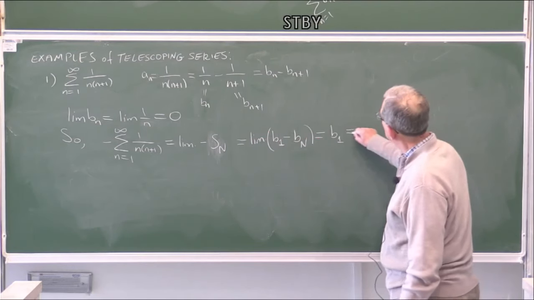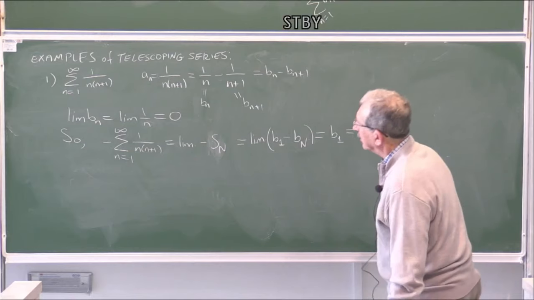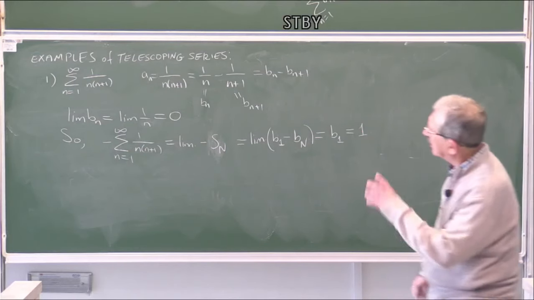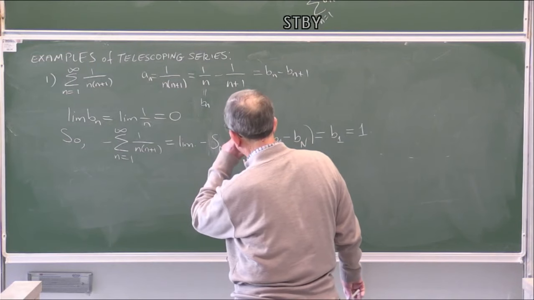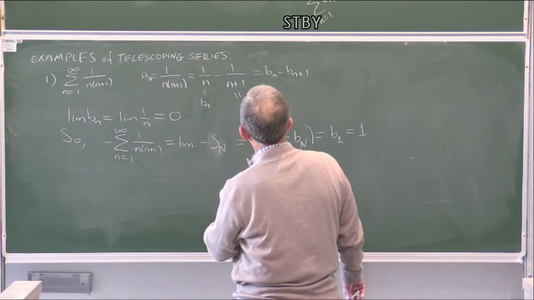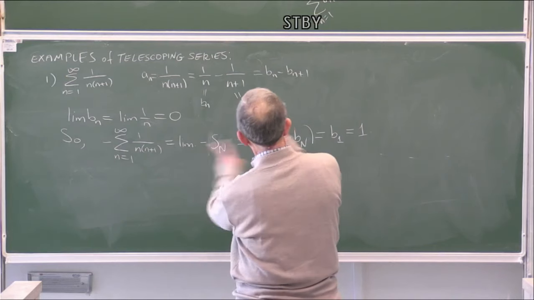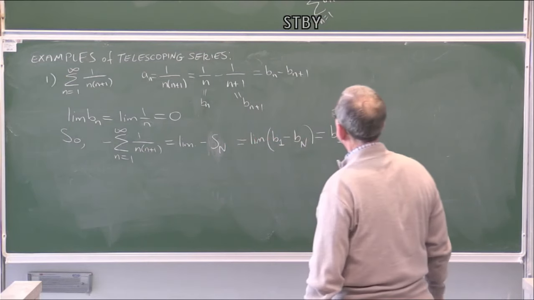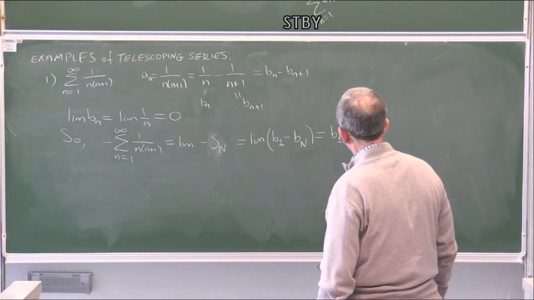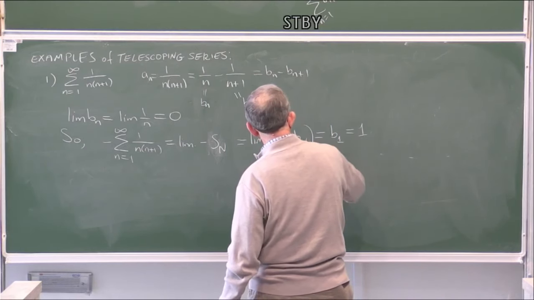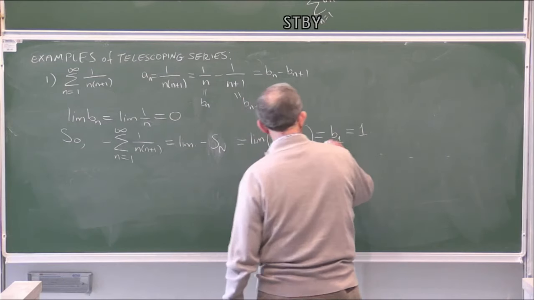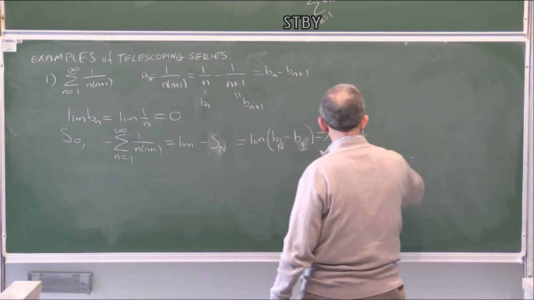And B1 is 1. Actually, I had a minus sign somewhere. This would be limit of minus Sn, that's right. And minus Sn, you change the places. So it would be limit of, sorry, you have here Bn and then B1. Okay, so that would be minus B1.